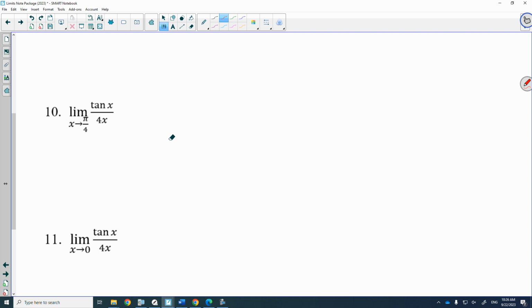Okay, this one here, we are not approaching 0, so we don't need to worry about potentially being indeterminate. We could always try, remember, direct substitution. So for this one, if I input pi over 4, I'm going to have the tan at pi over 4 over 4 times pi over 4 for x. In my denominator, 4 over 4 will cancel, and I'll be left with pi in my denominator.